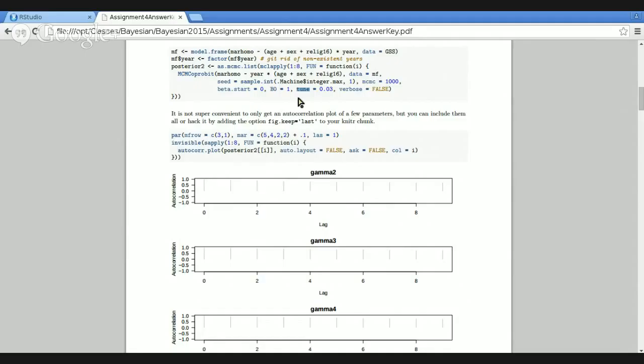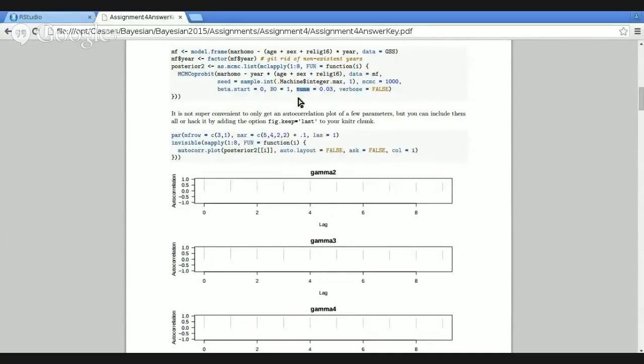And so this is an example of, although there is a Gibbs sampler, and most people would find the interface to MCMC Oprobit easier to use than doing something in Stan, you can get a lot better performance from Stan in terms of the efficiency and in terms of the flexibility to be able to do different models.